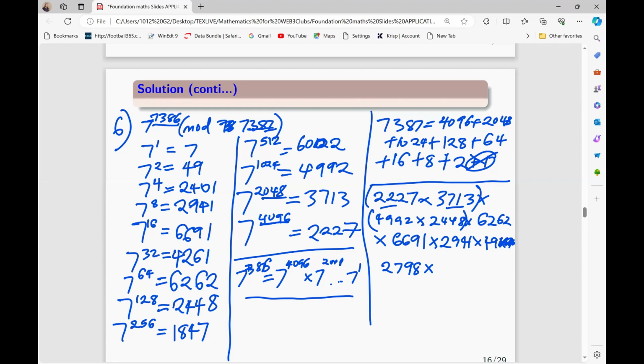Okay, so 4992 times 2448 mod 7387 is going to give us 2318. Now we proceed with 6262 times 6691 mod 7387.